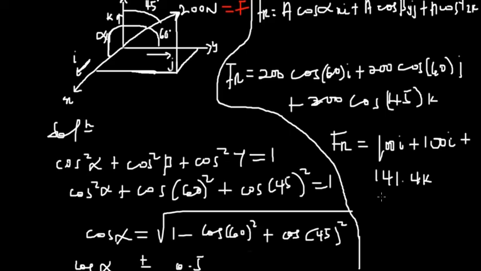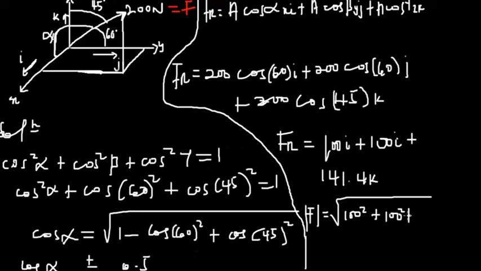So from here you could just calculate the magnitude, because this is the resultant force. Calculating the magnitude for the main force, we have 100 squared plus 100 squared plus 141.4 squared. When you punch this on your calculator, you end up with the magnitude of the force being 200 newtons.